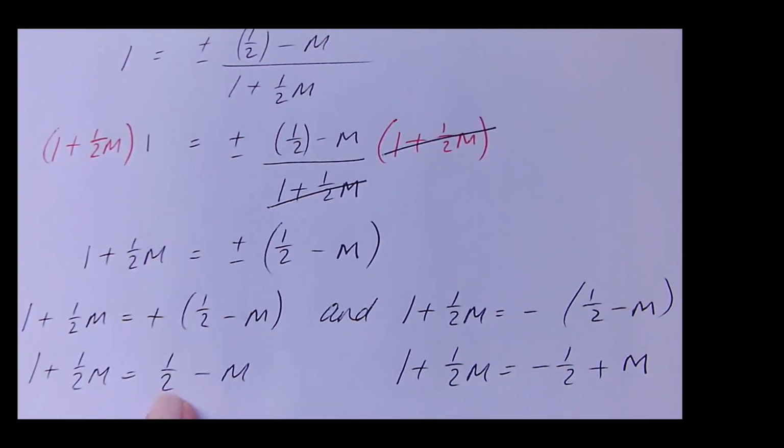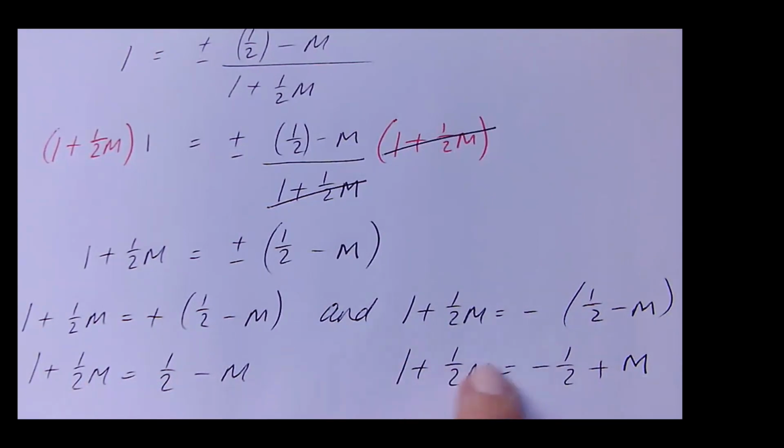Okay, so when I do that, then I get a half minus m on the right-hand side here. But of course, multiplying in by the minus on this side, I'm going to get minus a half plus m, when the minus by the minus will give you the plus. Okay, so here's my two equations.